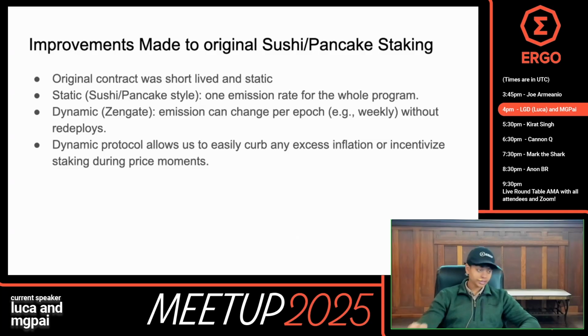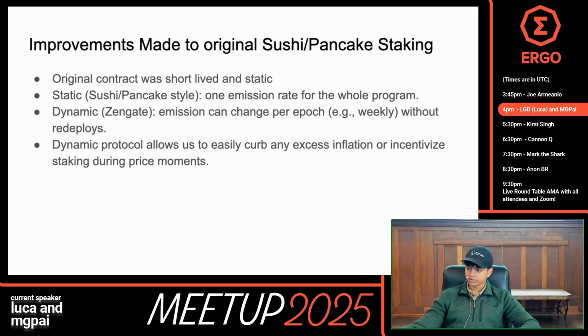So what I also added to the staking contract, the protocol itself, not the UTXO implementation, is I made the emissions very dynamic. Every epoch, for example on Palm staking, every week people can claim their rewards. This emission amount can fluctuate without having to redeploy the contract or get people to migrate.